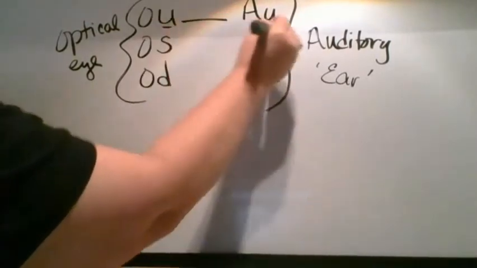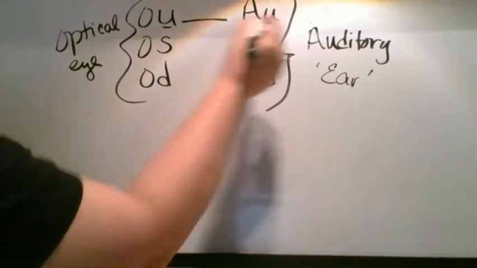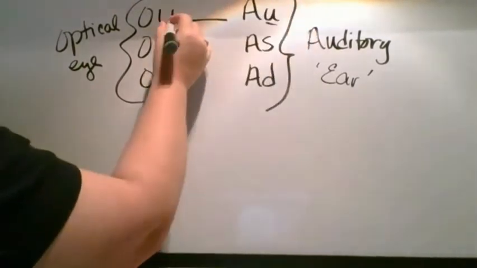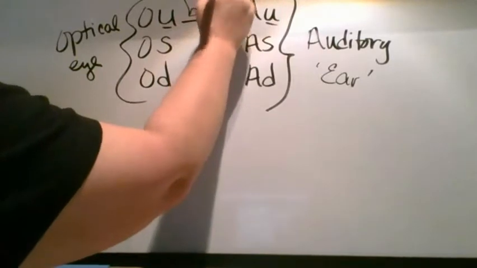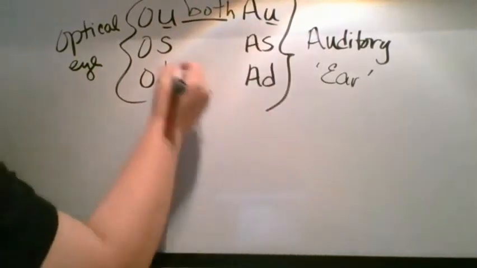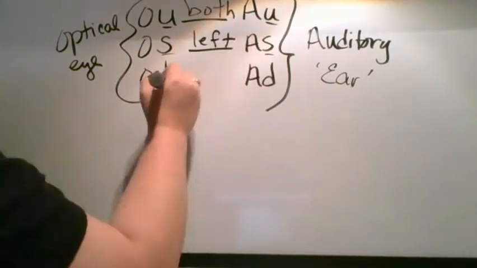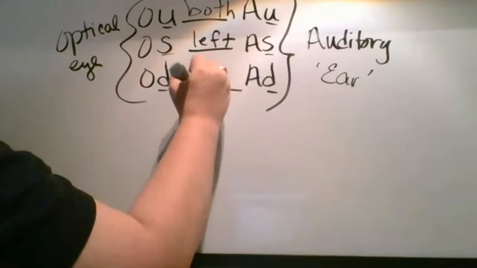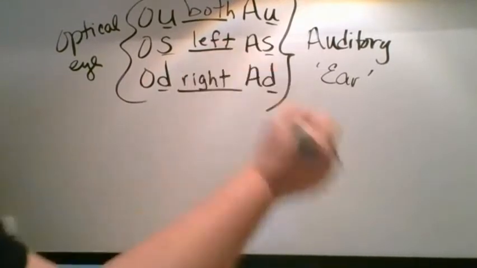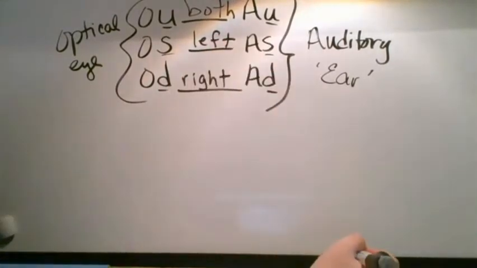Remember, the U is both, S is left, D is right. Okay, so OU, OS, OD: both eyes, left eye, right eye. AU, AS, AD: both ears, left ear, right ear.